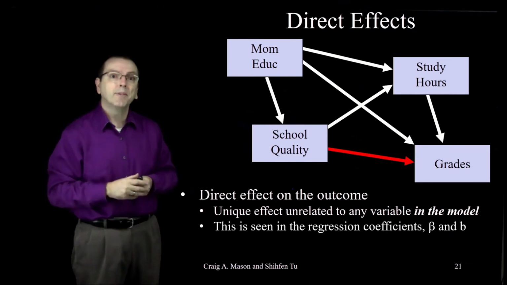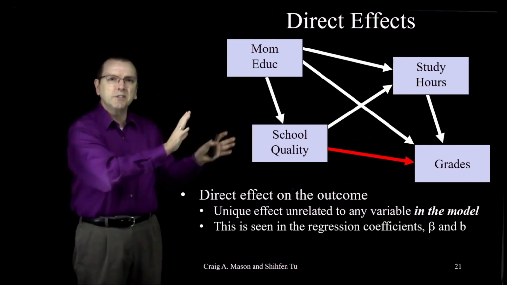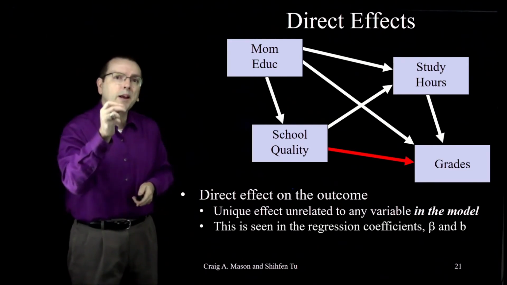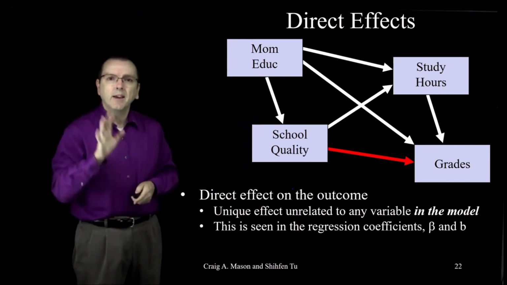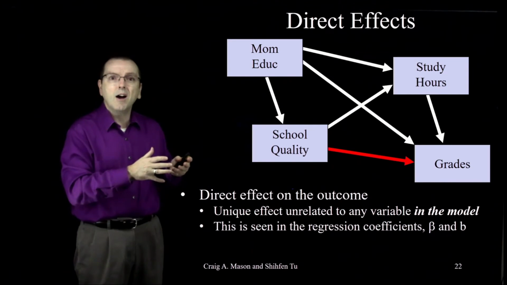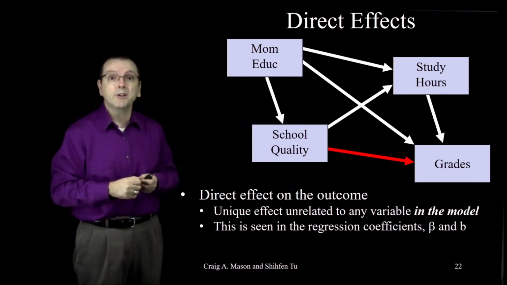our beta. And while we typically don't talk about these sorts of paths in terms of variance, from an effect perspective, it may help to remember that the direct effect is also essentially reflected in the squared semi-partial correlation.